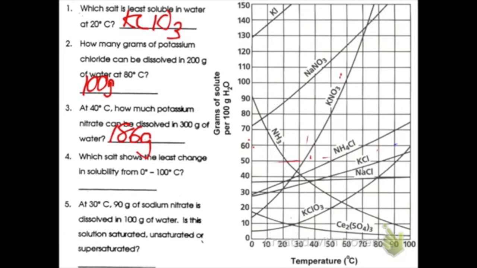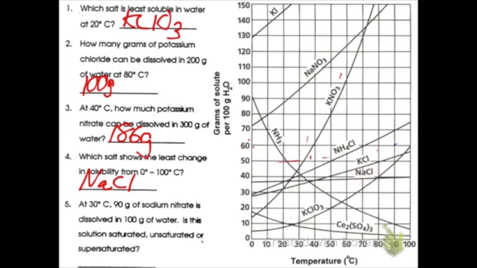It can't be the potassium nitrate that we just looked at because that thing's nuts. I've got some shallow ones, and I'm thinking this one. Yep. So our sodium chloride has the least change because it's the flattest line. Okay, very good. See, none of these questions are very hard. They're all skills we've learned about graph reading in middle or elementary school at some point. Just be careful with what you're looking at.